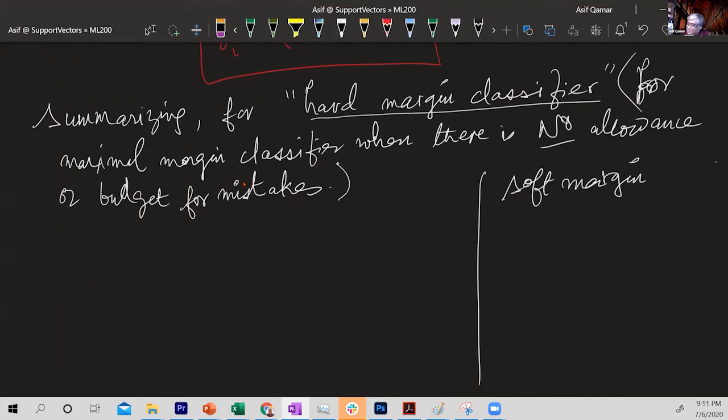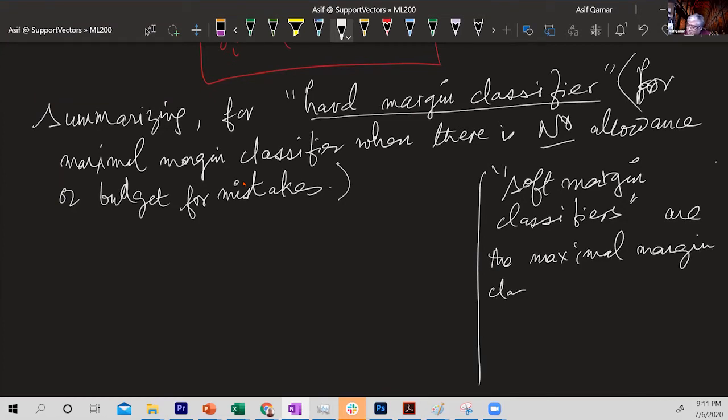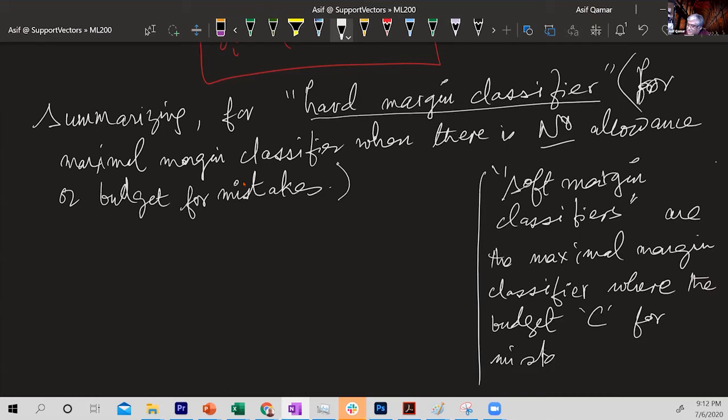Soft margin classifiers are the maximal margin classifiers with a budget. By the way, is my handwriting fairly legible, guys, when you later review? A soft margin classifier is one where the budget C for mistakes is greater than zero.